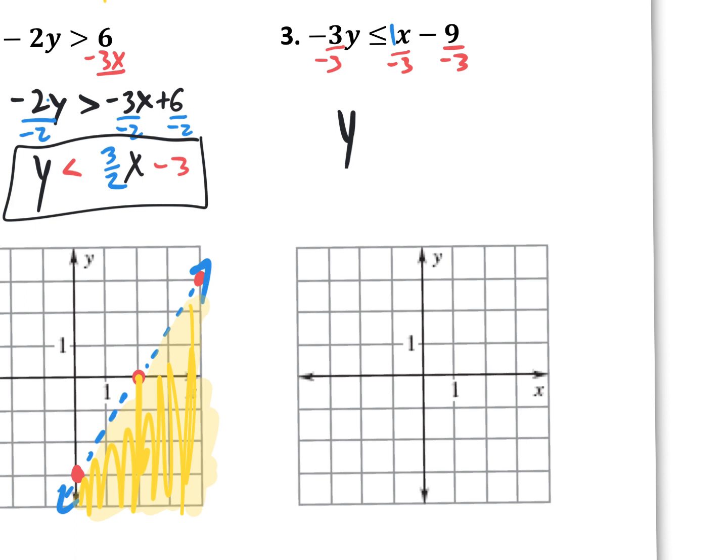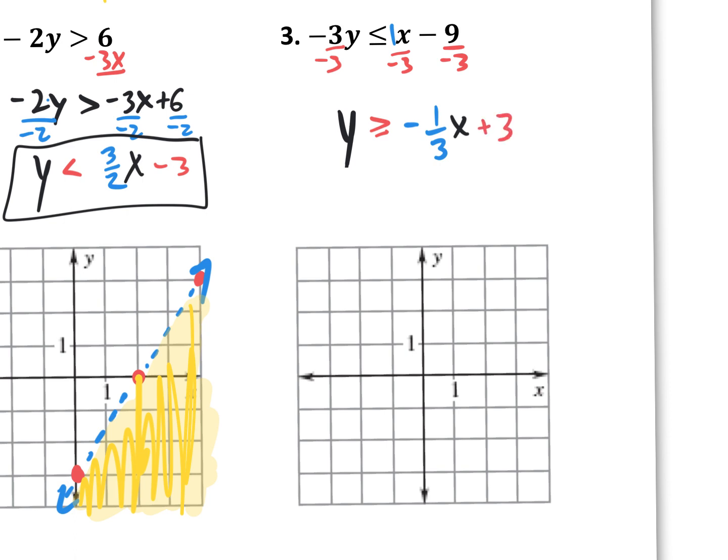Because I'm dividing by a negative, it has to be a greater than or equal to. I don't want a negative on the run, so I'm going to move that negative up to the top. So my slope is going to be a -1 over +3 with an x right next to it. And the b value over here, a -9 divided by a -3, is a +3.